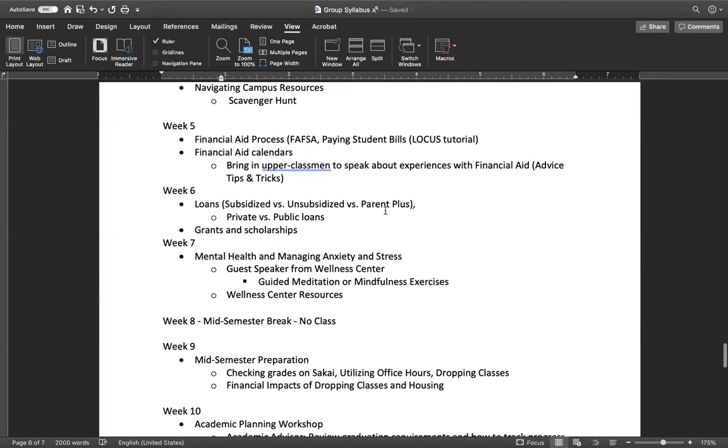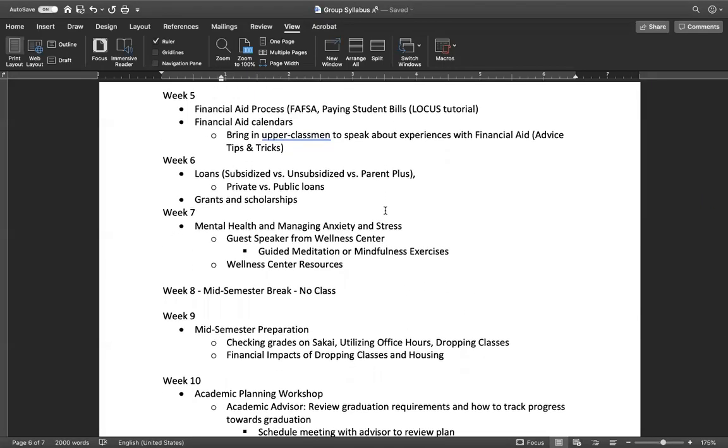Week 5, we're going to go into depth on the financial aid process, FAFSA, paying student bills, and doing a Locus tutorial. We'll be looking at the important dates on financial aid calendars. We will be bringing in upperclassmen to speak about their experiences of financial aid, just to offer some advice, tips, and tricks for our incoming students.